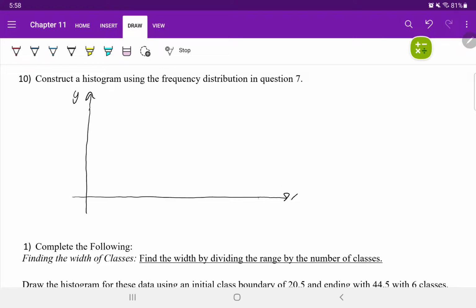Label your axes, X-axis and Y-axis. The X-axis is going to be the classes, in this case the test scores. The Y-axis will be the frequencies.